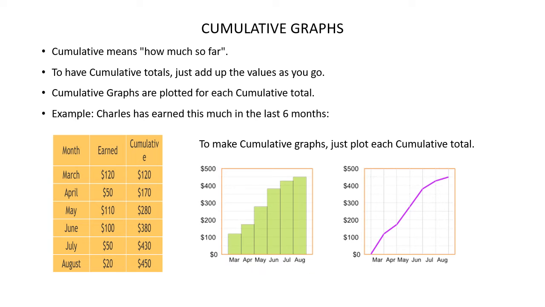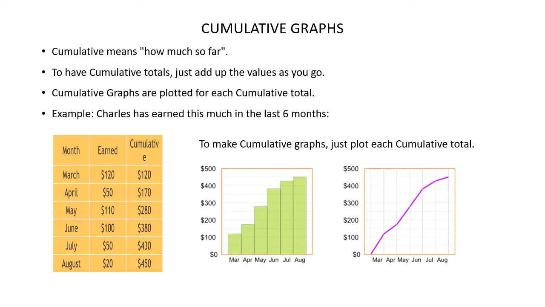Now let's look at the line graph. Here the months are plotted along the x-axis and the cumulative totals are plotted along the y-axis. Now in March the cumulative total is $120. So in March $120 is here. In April the cumulative total is $170.